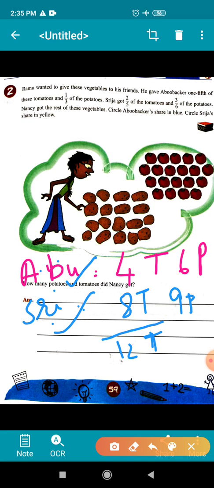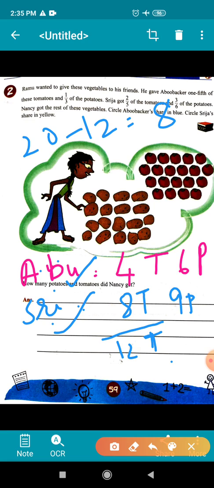Now, to calculate the share of Nancy, what you will do? You will subtract 12 from 20. How much is it? It is 8. It means Nancy is getting 8 tomatoes. Similarly, we will calculate the number of potatoes that Nancy got.